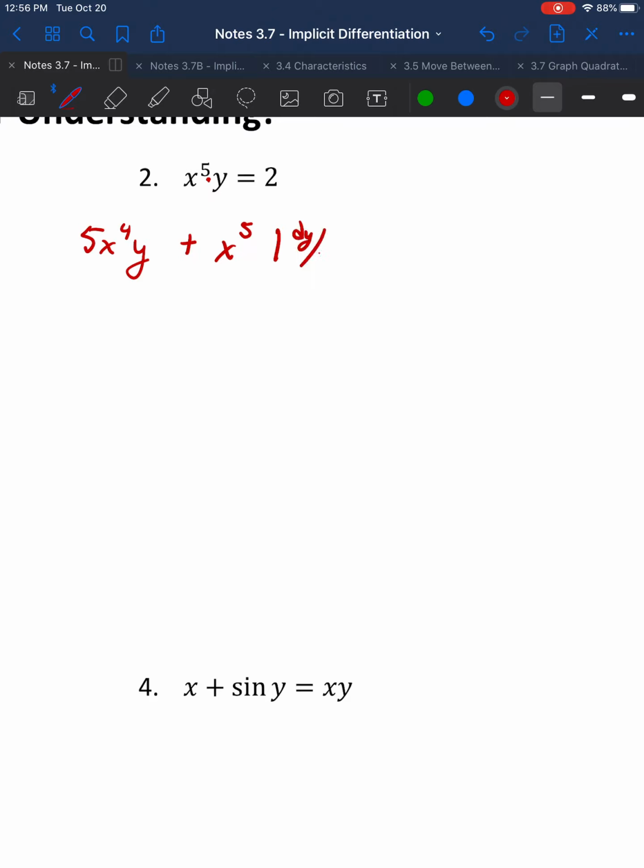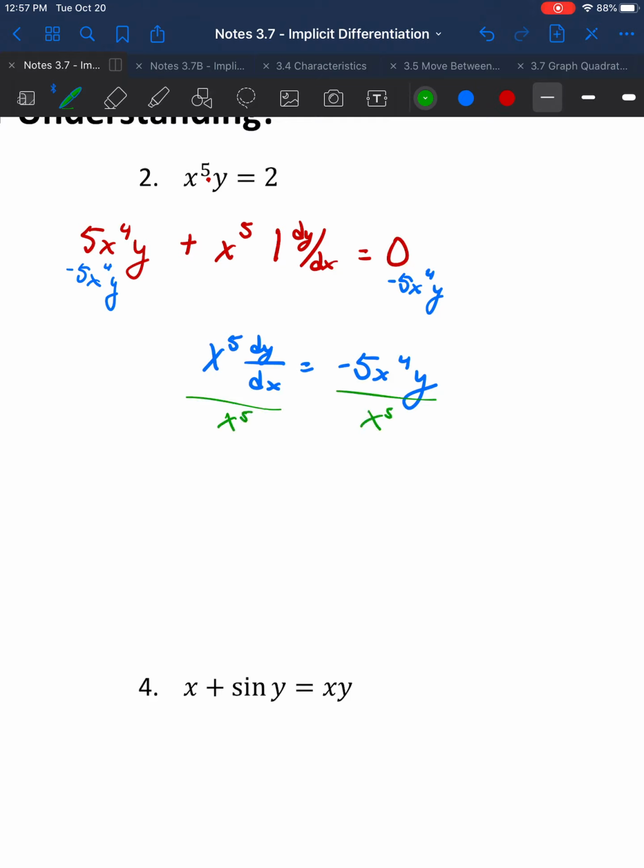All right, number 2. Yes, I have an equation, but I also have a product going on. So product rule applies. Derivative of the first, keep the second, plus keep the first. But now the derivative of y would be 1, but then I have to include dy/dx. Equals, derivative of 2 is 0.